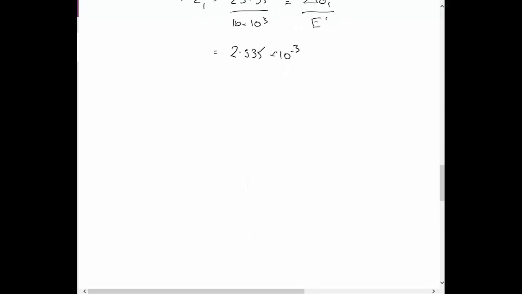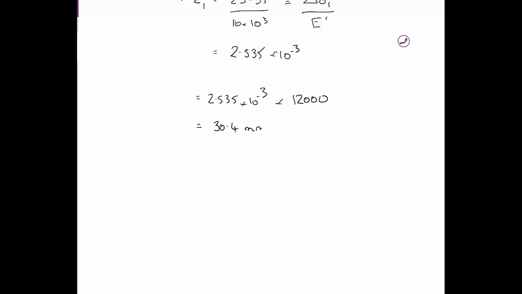Applying that over the 12 metres for the settlement equals 2.535 by 10 to the minus 3 times 12 metres, which was the layer thickness, which equals 30.4 millimetres.